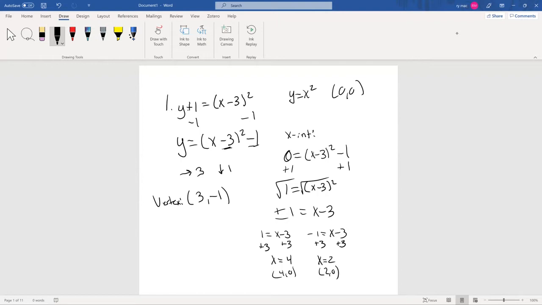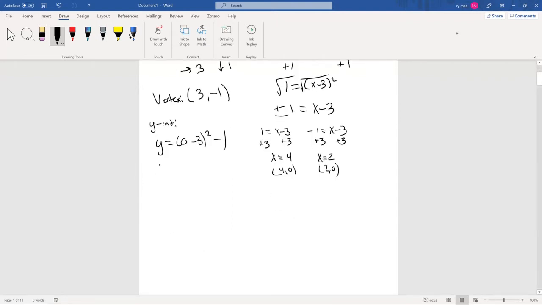And then last up is our y-intercept. So instead of plugging in 0 for y, we're going to plug in 0 for x. So y equals parentheses 0 minus 3 squared minus 1. So that's going to give us y is equal to negative 3 squared minus 1. y is equal to 9 minus 1, so y is equal to 8.